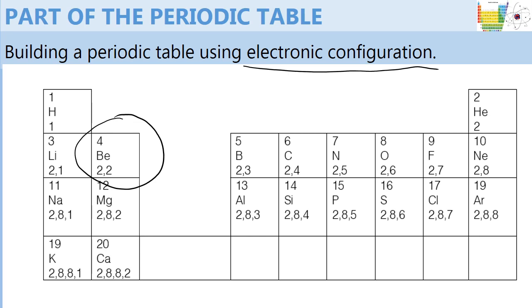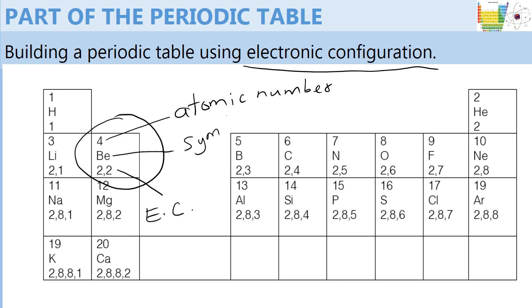The number above the symbol Be is the atomic number, while the numbers below are the electronic configuration. And of course, Be is the symbol of the element.